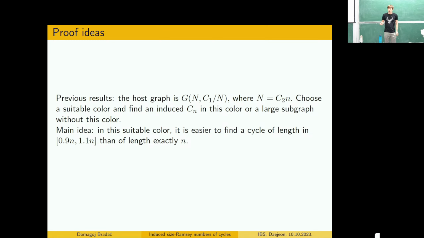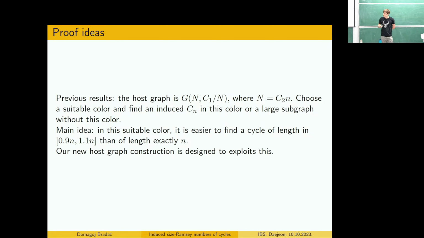And our main observation or our main idea is that with this approach, at least it seems that it should be easier to find a cycle of some approximate length than of length exactly n. Okay, so if I want to find a cycle in this interval between 0.9n and 1.1n, well, at least it seems it should be much easier than to find a cycle of length exactly n. Okay, and then we design a host graph to exploit this idea.